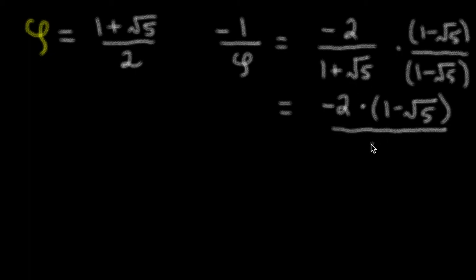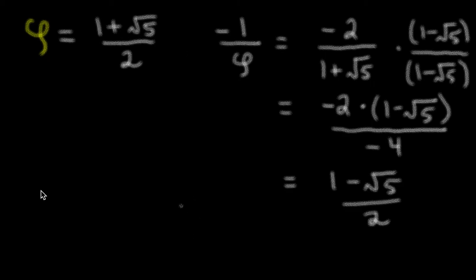And then, as I said, the bottom is negative 4. But notice that this actually is, when we cancel a factor of negative 2, 1 minus root 5 over 2. Okay, awesome. So these are actually the two solutions of our quadratic equation, phi and minus 1 over phi.